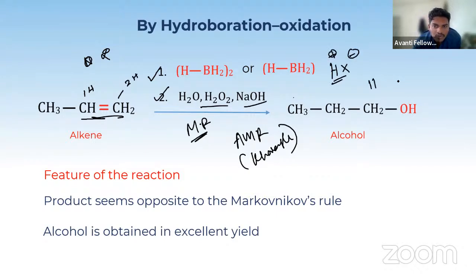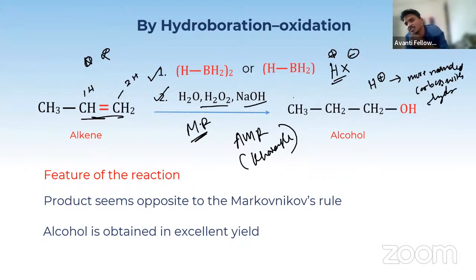The H plus will go to the carbon with more hydrogens. Wherever the carbon has more hydrogens, the hydrogen will go, and where there are fewer hydrogens, the other group will go. So the OH group will join there.